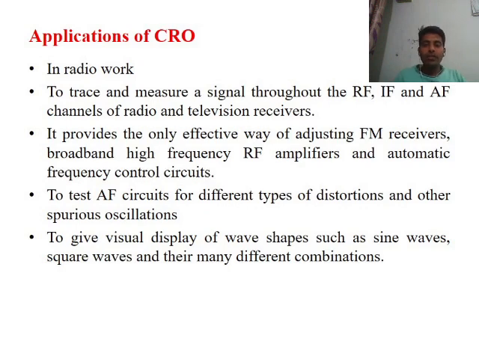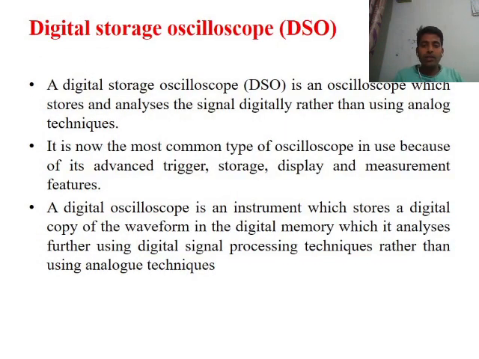Next we'll move on to DSO. What do we mean by DSO? DSO stands for digital storage oscilloscope. There is a major difference between CRO and DSO. In the CRO, whatever signal we are giving at that moment is displayed on the screen, whereas in the digital storage oscilloscope the processing of the signal is quite different.